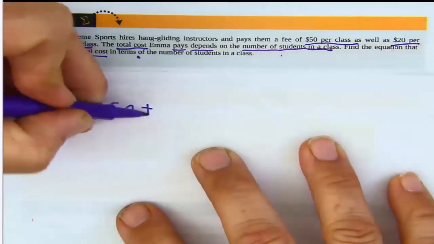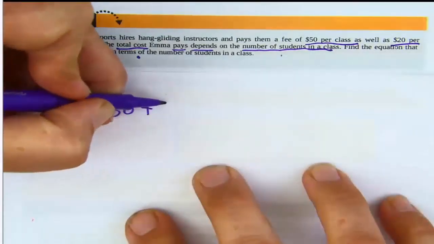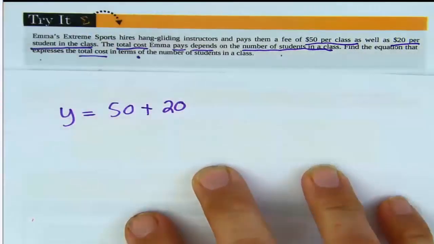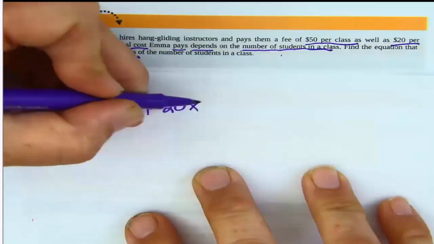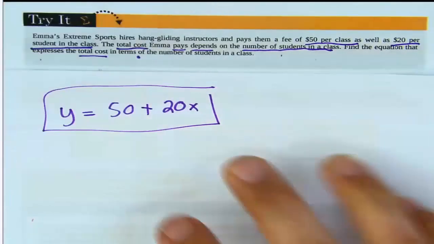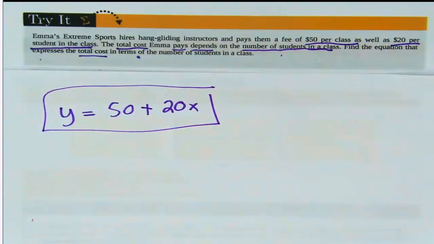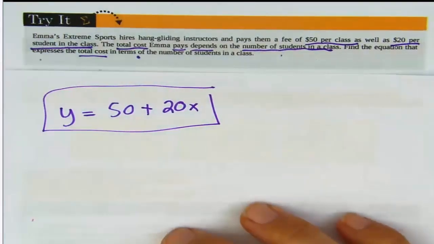And then your variable cost will be $20 per student, so $20 for every x, or times x here. So that should be what we get. If you try to think about doing the problem the way I did it with the previous example, I think you're going to see that will lead you to this equation.